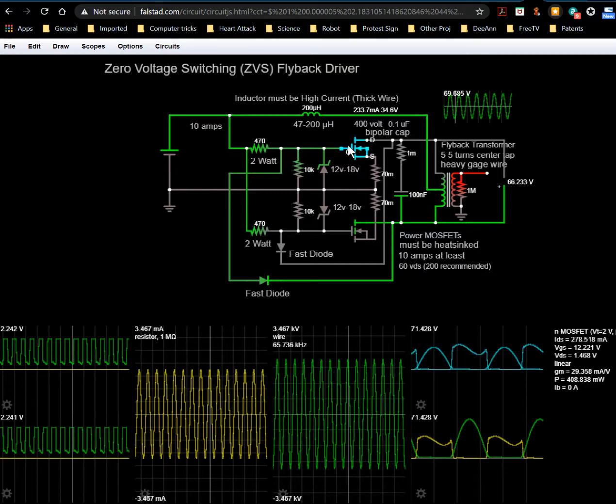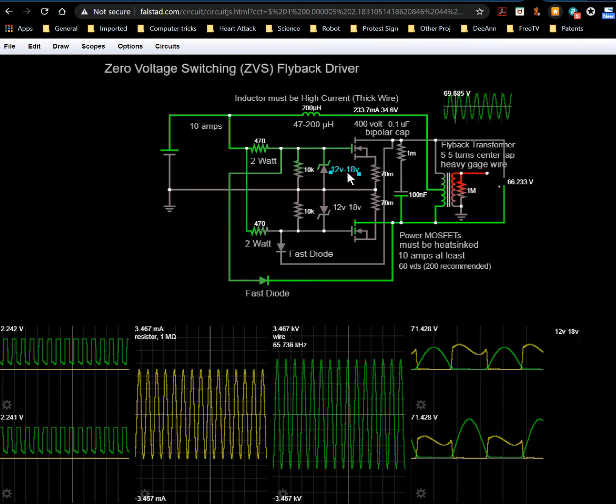These FETs actually operate, this gate and source tend to act like a capacitor. So when you turn a FET on, you're actually having to charge up a capacitor, like the Miller capacitance. Look into it.